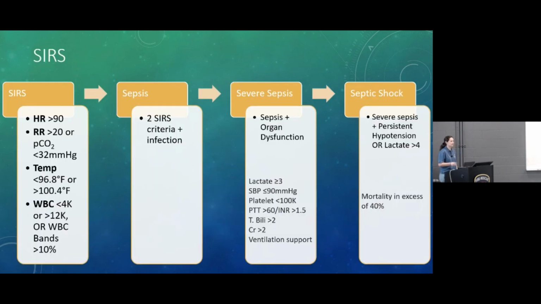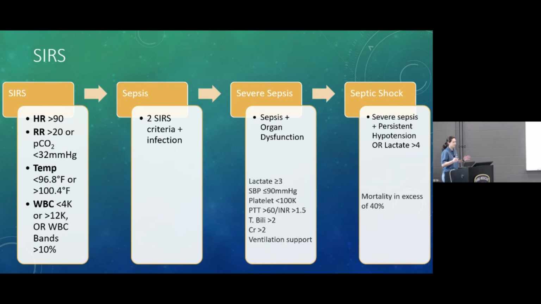So this is the SIRS criteria that technically is not still used today, but I think is still very applicable. So we have 4 SIRS criteria: our heart rate above 90, respiratory rate above 20 or a PCO2 less than 32, temp less than 96.8 or above 100.4, with the hypothermia actually being worse, and a white count of less than 4,000 or above 12,000.